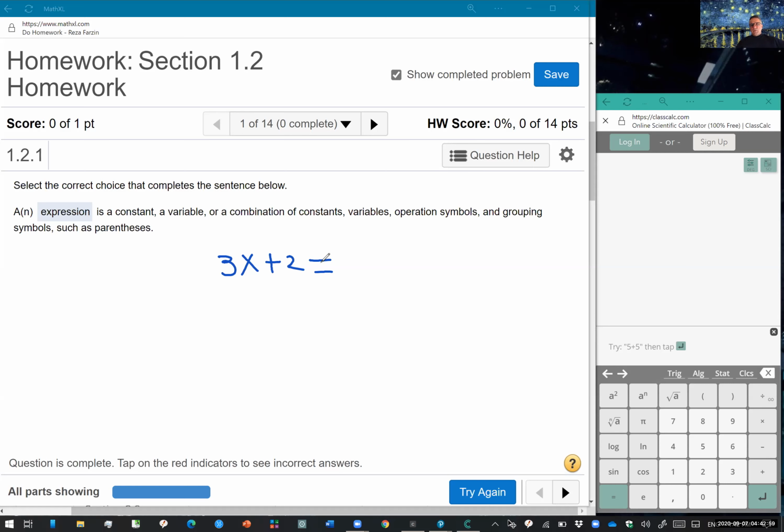It's only an equation if you have an equal sign and an expression on the left and at least some expression on the right. You see what I mean? Now this is an equation. But before, this is an expression, even though there's an equal sign. This is still an expression.